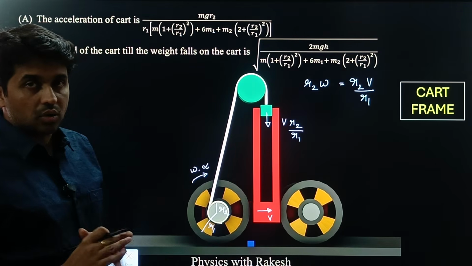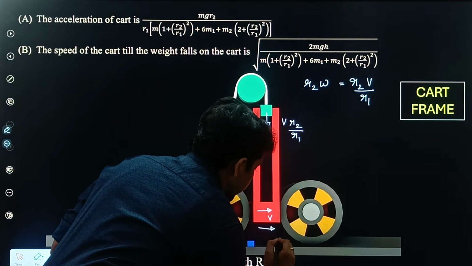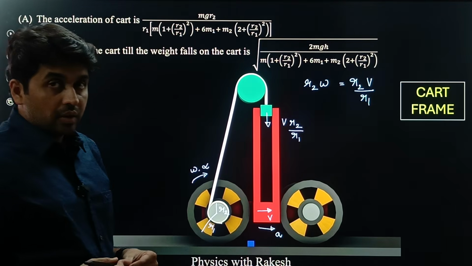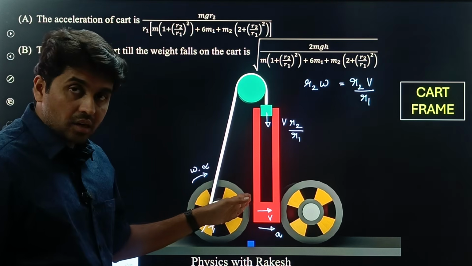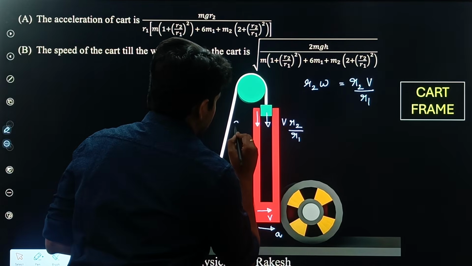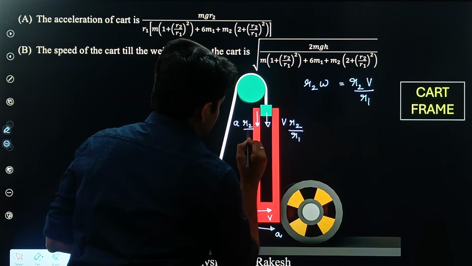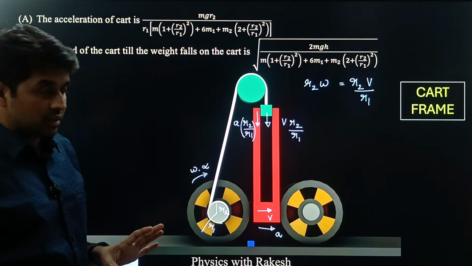This is one conclusion. Suppose this cart has acceleration A. This mass will have a downward acceleration A times R2 by R1.